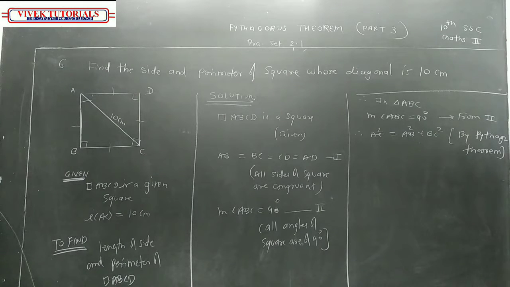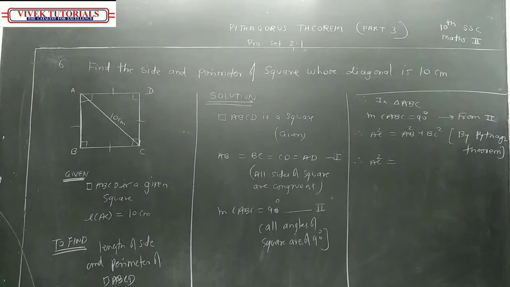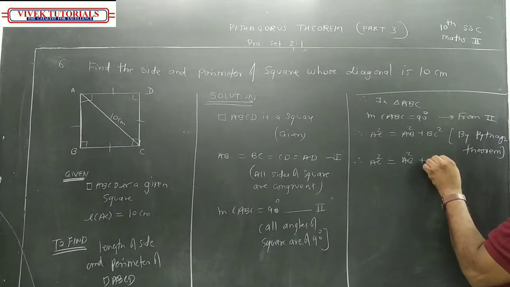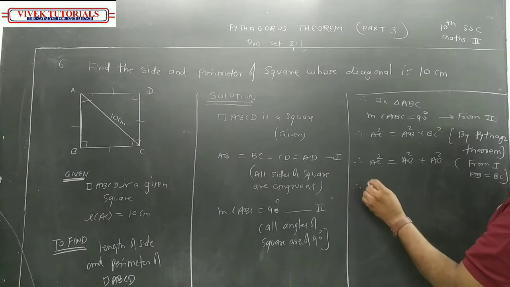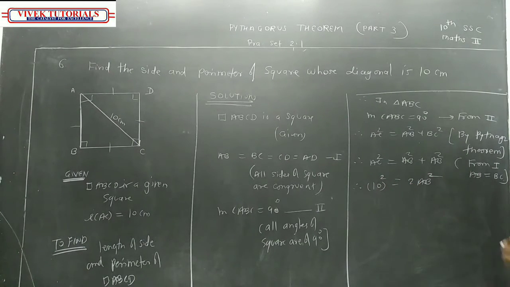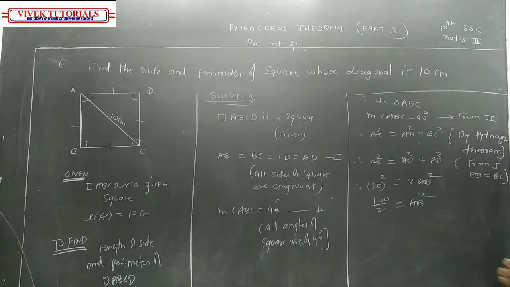You got it now? Therefore, AC square is equal to AB square plus AB square only. We can write from 1, AB is equal to BC. So this is actually 10 square is equal to 2AB square. 100 upon 2 is equal to AB square.